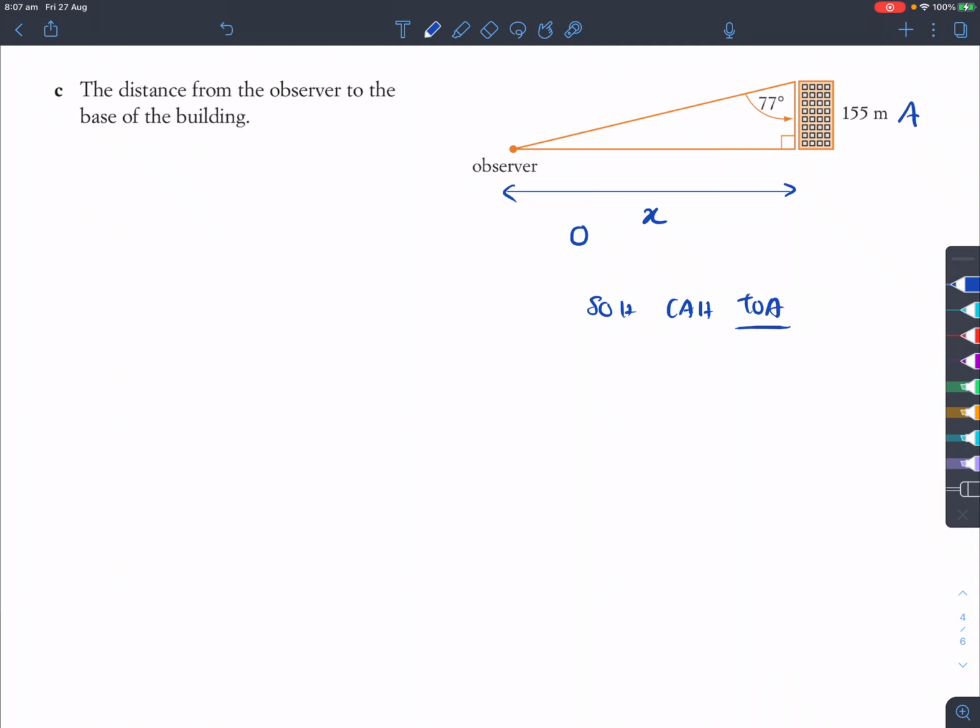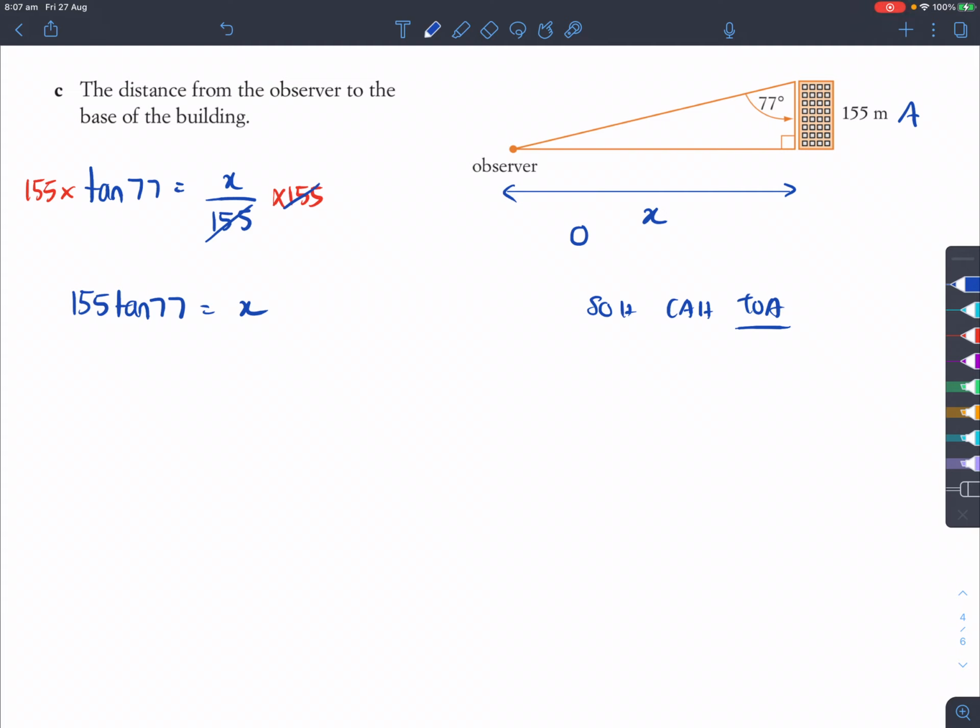So just by using SOHCAHTOA once more, we're using the third part of the mnemonic, which is the tan ratio. So tan of 77 degrees is equal to the opposite side, which is x, over 155. We multiply both sides by 155, like so. So that will give us 155 tan 77 equals x, basically, if you cancel that out.